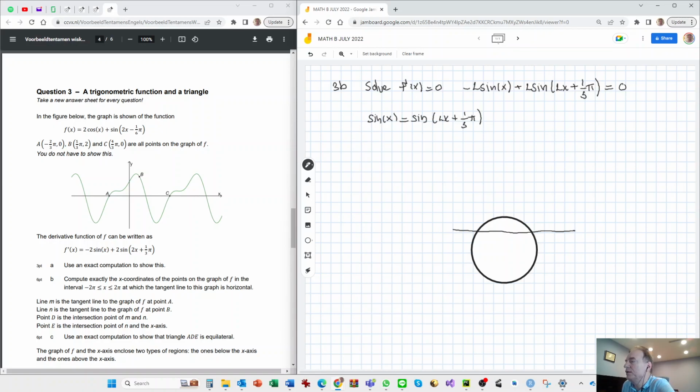Then you see there are generally two solutions, and say this is a certain a.